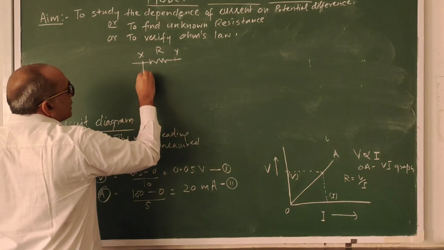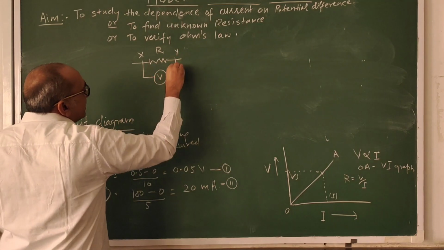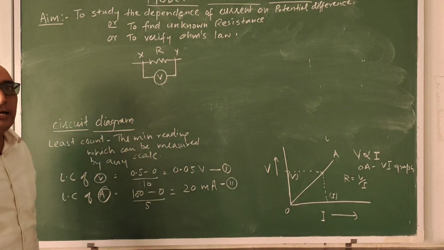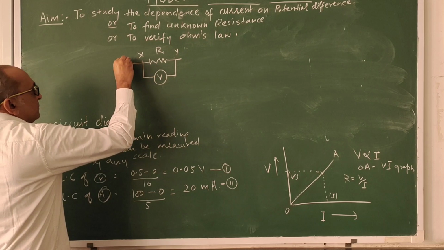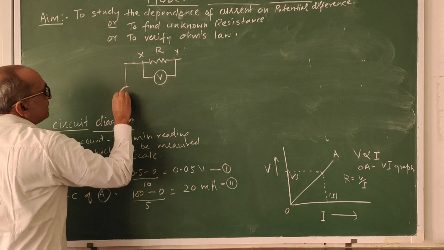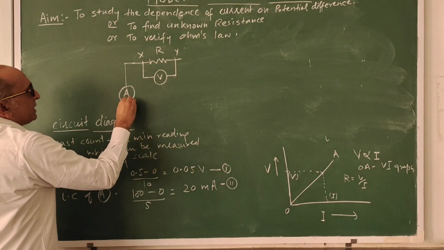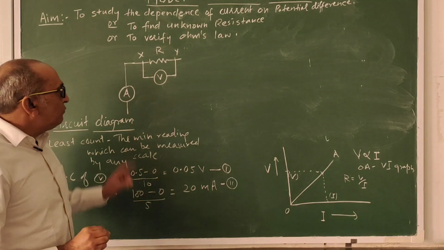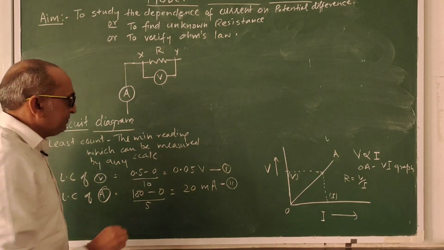For measuring the potential difference, we have to use a voltmeter, which is to be connected in parallel. Then we need an ammeter, which is connected in series and is going to give you the value of current flowing through this resistor.